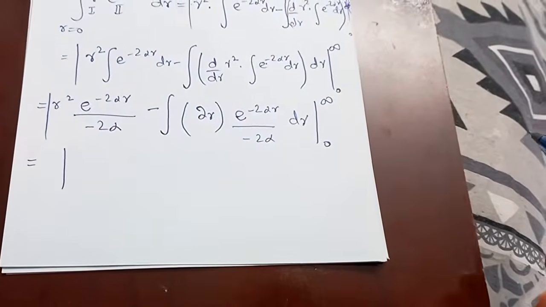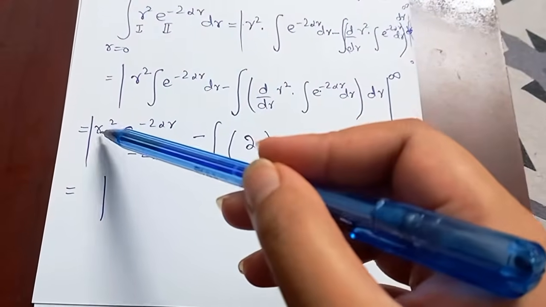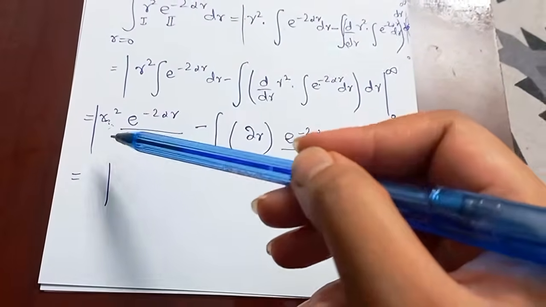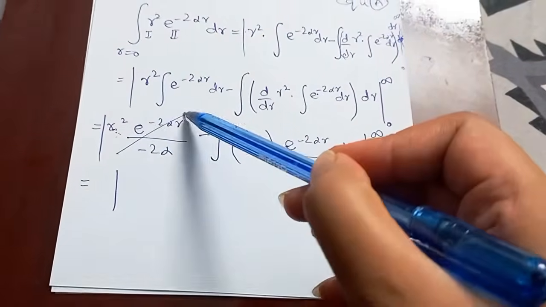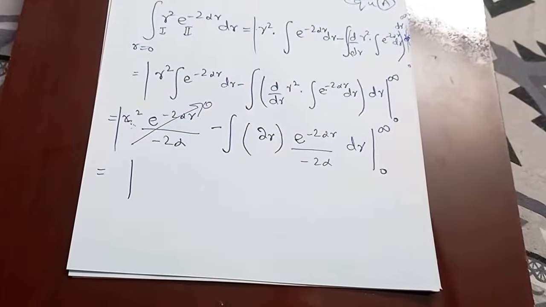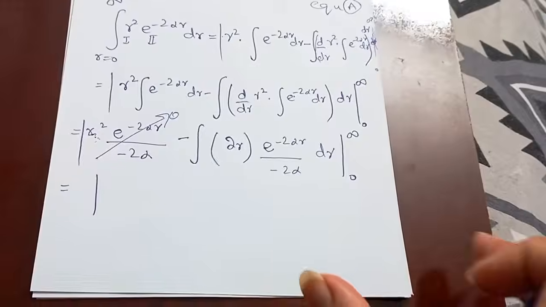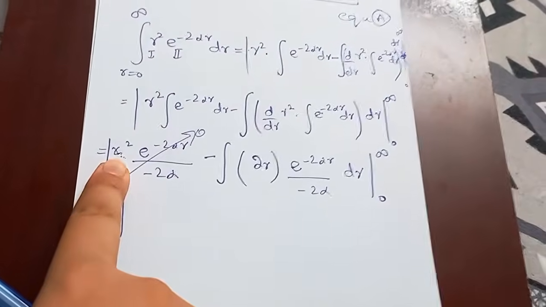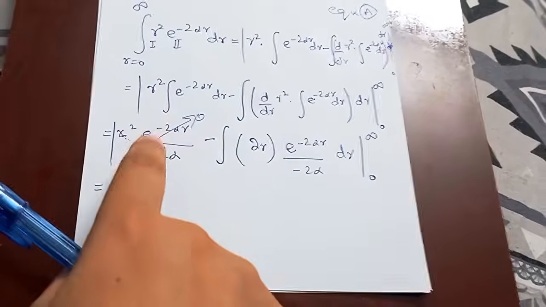All of the terms in which we'll get r in it separately will become 0 at the end, so we will write them side by side to reduce the length of the terms that we are getting. This term will ultimately become 0 because of this r and this thing.